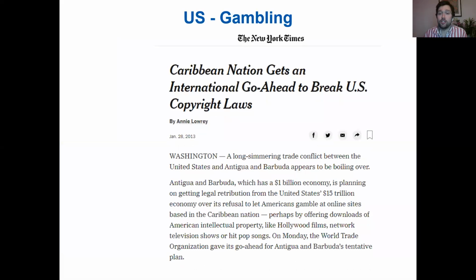And here is what Antigua and Barbuda actually did. Caribbean nation gets an international go-ahead to break US copyright laws.